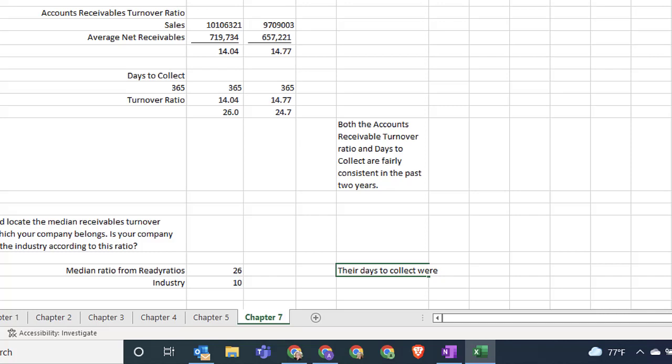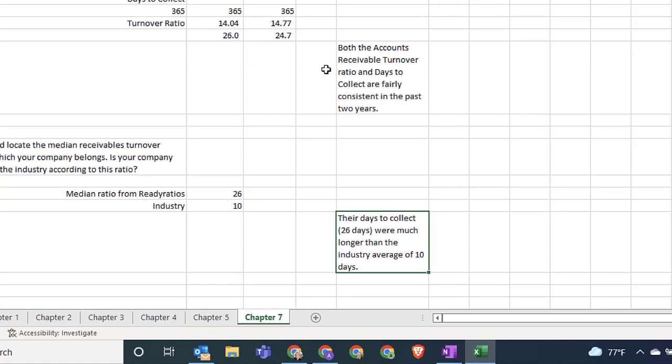Their days to collect were much longer than the industry average of 10 days. And I'm going to put in here 26 days. Okay, so I probably should move that down below so that when I wrap it, it doesn't mess that up. So I'm going to wrap it. Okay, so that's the second question.